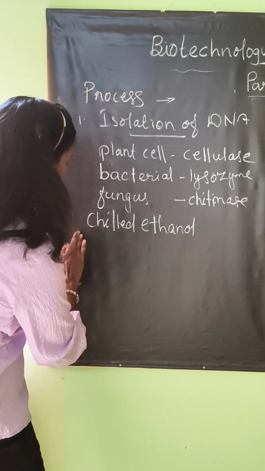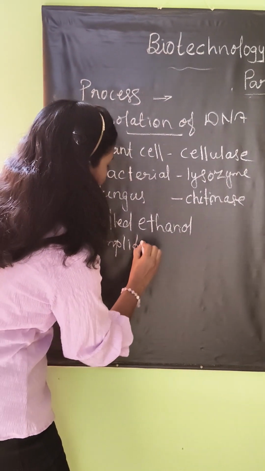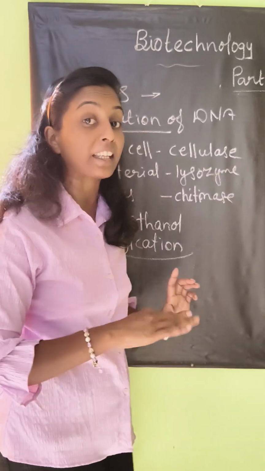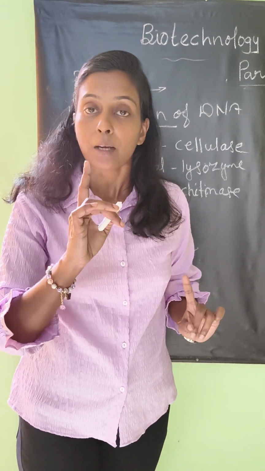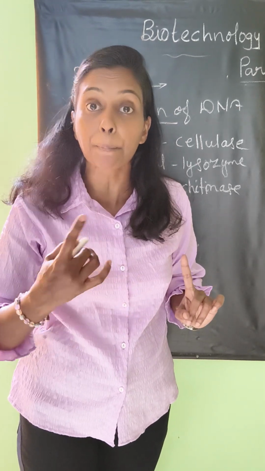So the next process you can understand is amplification of DNA. Amplification of DNA means making a large number of copies with the help of one of the tools or techniques used to amplify DNA.